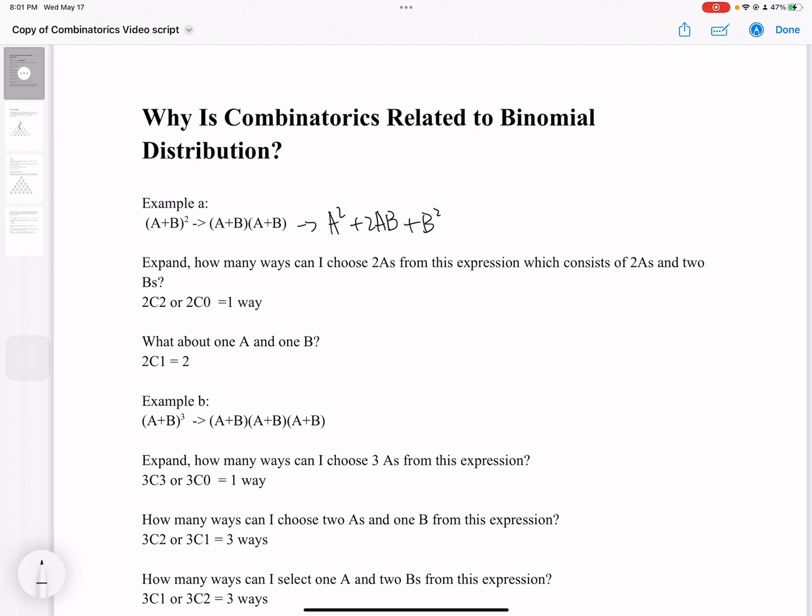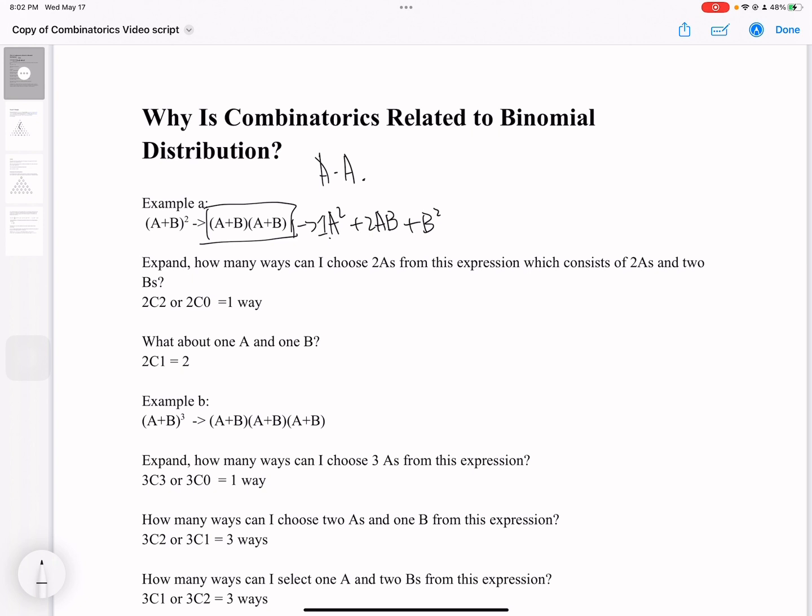Because when we are multiplying this equation out, we're basically choosing letters from this expression, which consists of 2 a's and 2 b's. When I write a squared, that's a times a, which is considered 2 a's. Because I only have one way to choose 2 a's, the coefficient in front of a squared should be 1, so I just write 1 here.